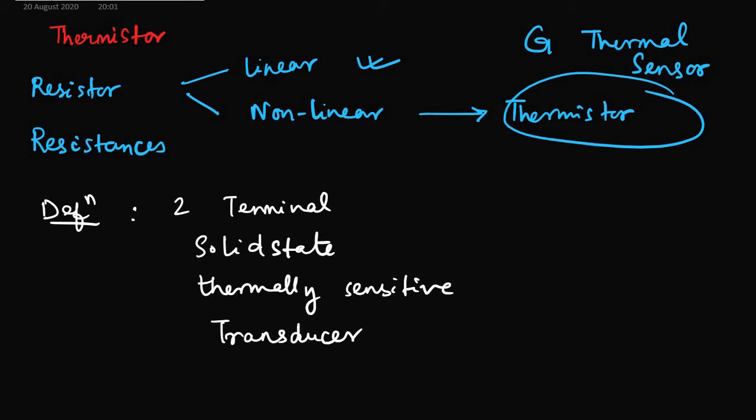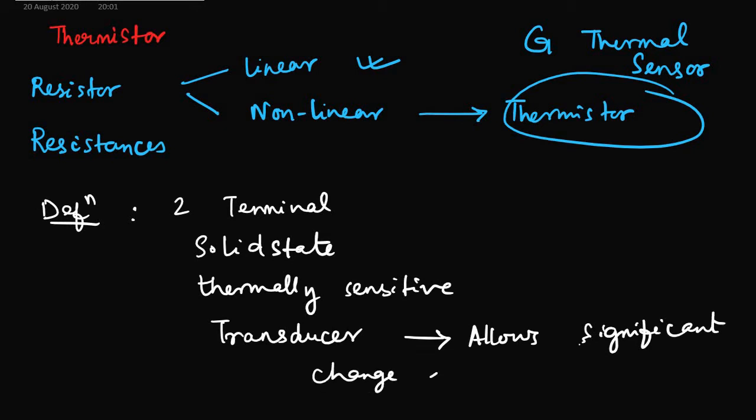Now, this transducer allows significant change in resistance R with respect to change in temperature. That is the definition. Now you have to understand why I am telling that it will be linear or non-linear depending upon the circumstances in the circuit.